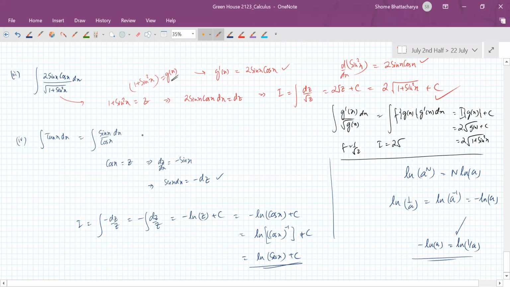Now, similarly, in the fourth one, you can see that you have taken cos x as g. So there's that extra minus sign upon gx. So your f is actually 1 upon, f of gx is 1 upon. So the antiderivative is ln.